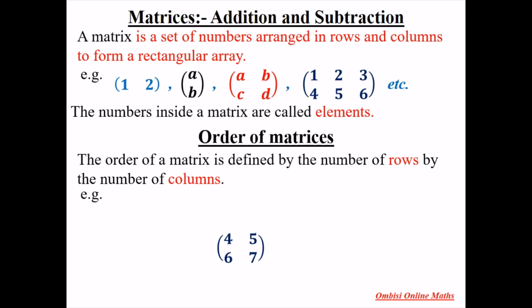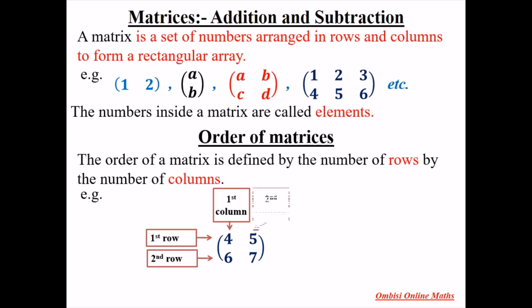The first row has 4 and 5, and the second row has 6 and 7, so this matrix has two rows. The first column has 4 and 6. Columns run from top downwards. The second column has 5 and 7.